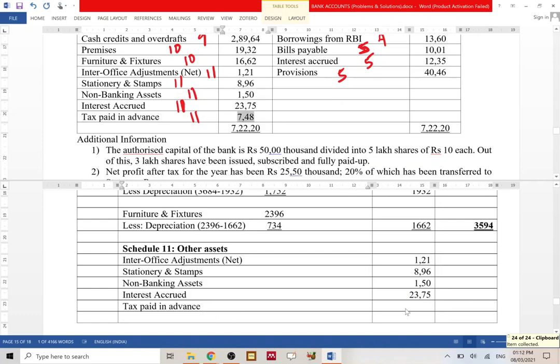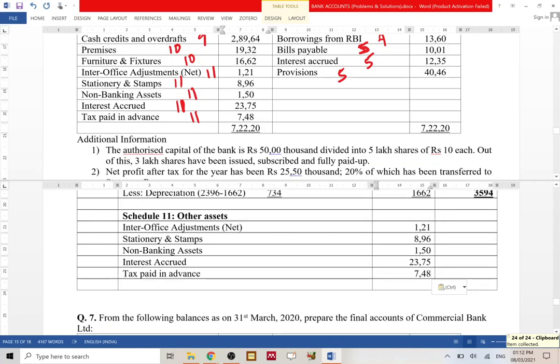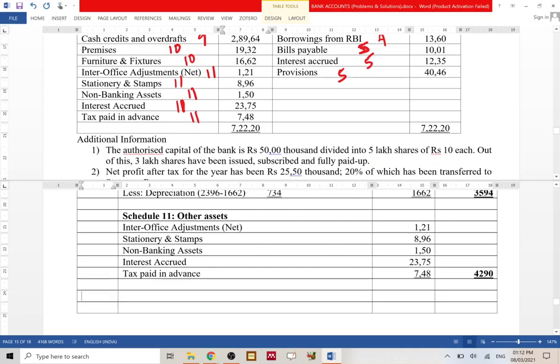And then tax paid in advance 748. Total up the whole thing, and what you get in the outside column is 4290. Final total of your other assets is 4290.